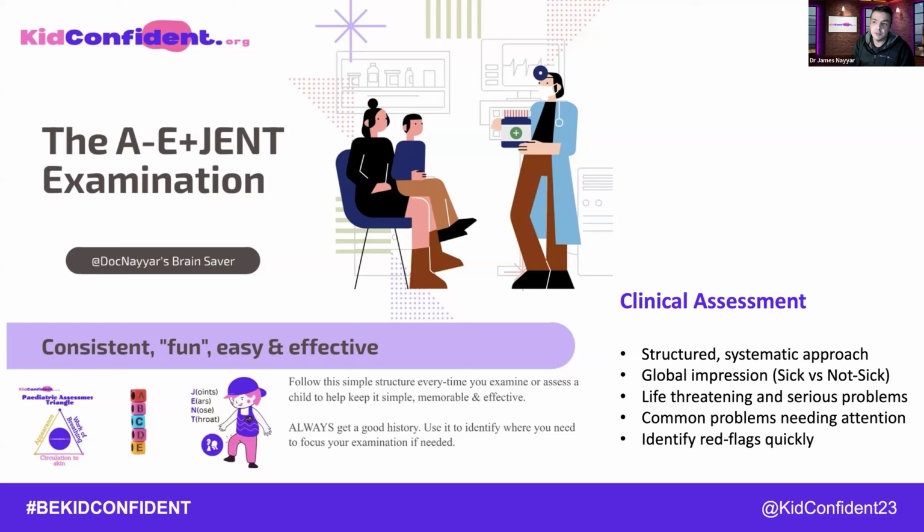And then in children, this is especially important, looking at joints, ears, nose and throat, because that's where you find loads of hidden mysteries that you might not otherwise spot, and that can help you a lot with your decision making and your decisions about what's going on with that child. And obviously always get a good history, which we will talk about as well, and that can help you focus your examination if needed.